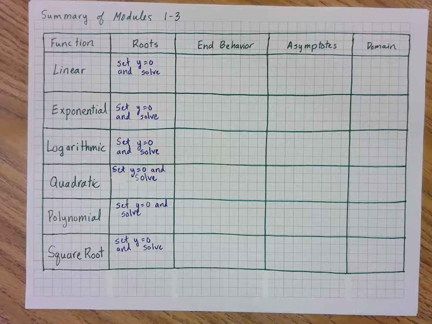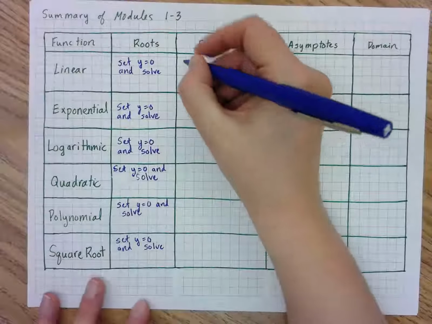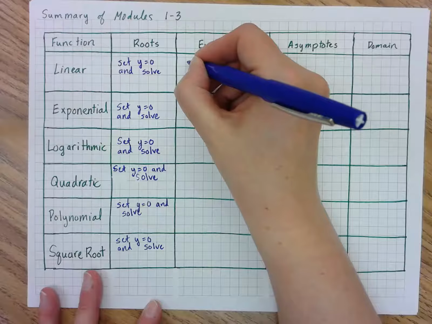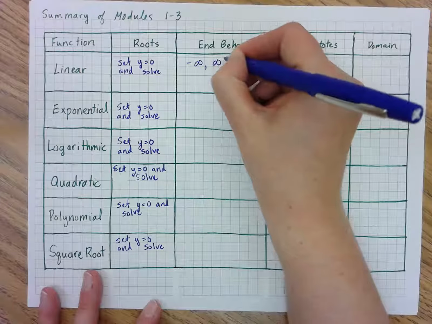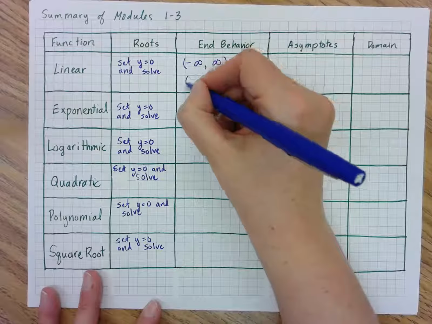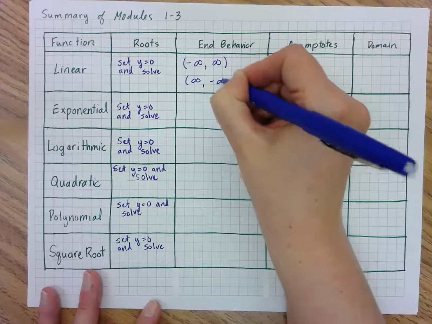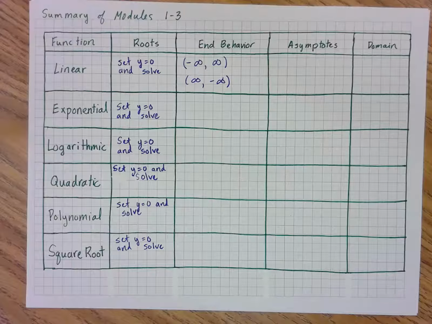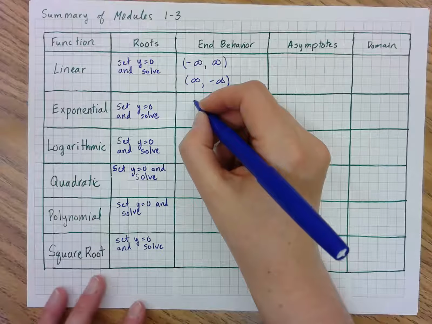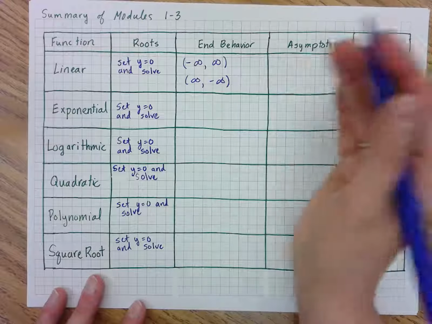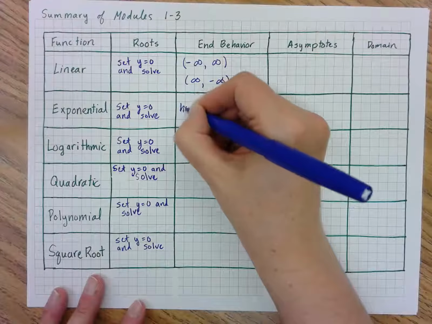End behavior. For linear, we will always have it either be negative infinity to infinity, or infinity to negative infinity. That our end behavior is always going to be in the opposite direction of each other. Exponentials. Exponential is always going to have an asymptote.